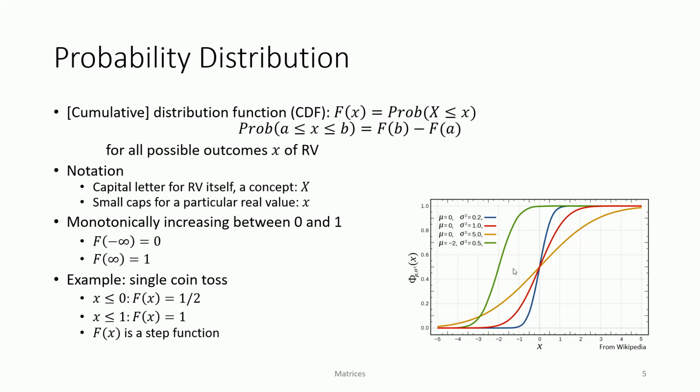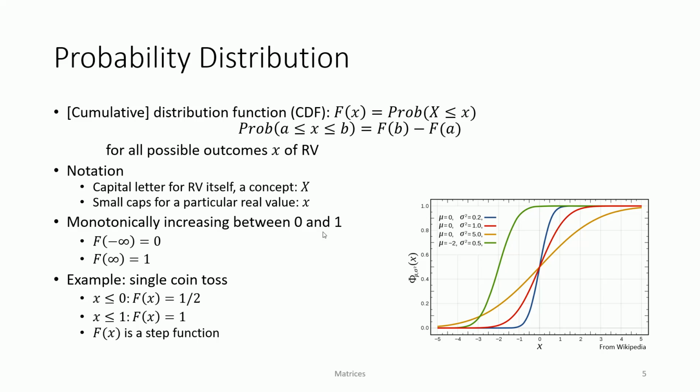The red line would be for mu 0 and variance 1, so that is a standard normal distribution. We can immediately see that the CDF is bounded between 0 and 1 and it's monotonic. If you think of it carefully, you will see that the CDF cannot go down. It can only go up or stay the same. That's why we call it monotonic.